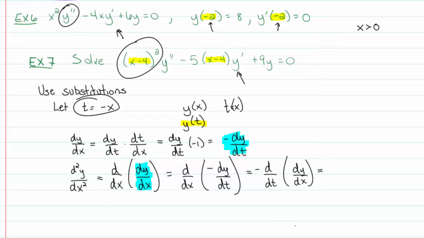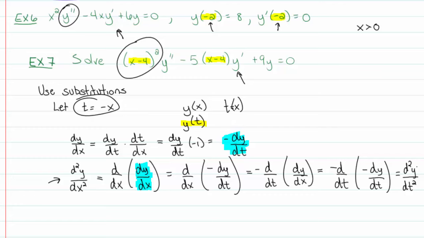And we know dy dx is just a negative dy dt. In other words, the negatives cancel, and the second derivative of y with respect to x is the same as the second derivative of y with respect to t.